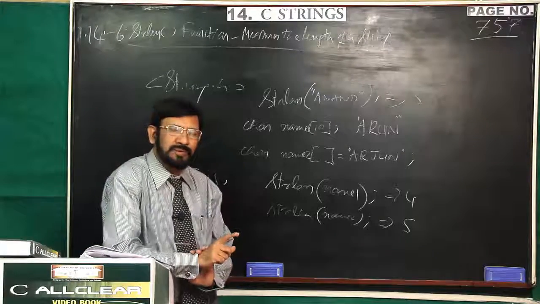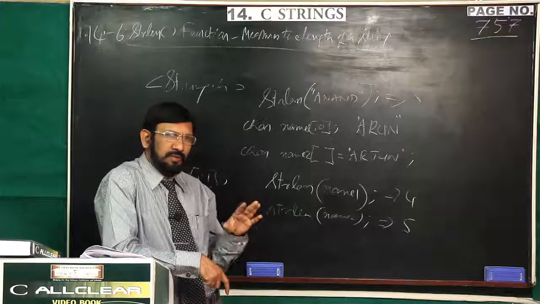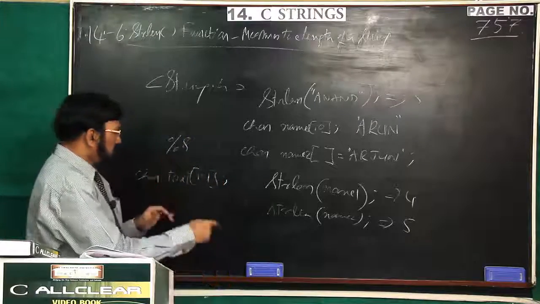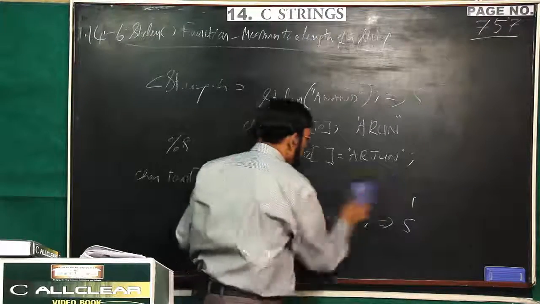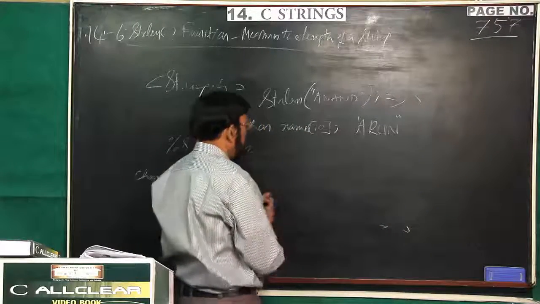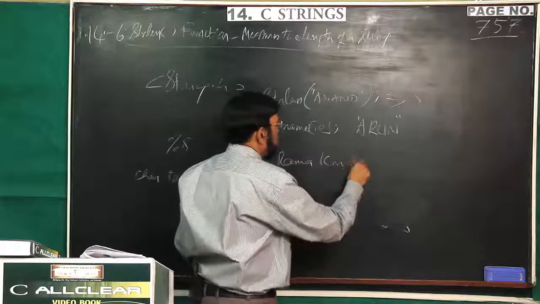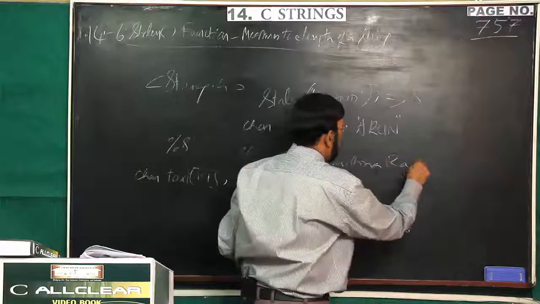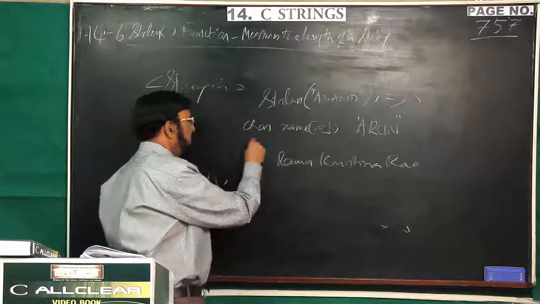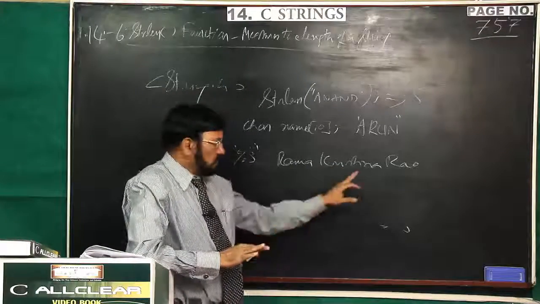Another common mistake is whenever you are reading a string variable, you may enter multiple words. Here one unnoticeable problem is there. What is the unnoticeable problem? Suppose you are entering Ramakrishna Rao, and by using %s we are reading this. When you are entering, it allows you to type everything.